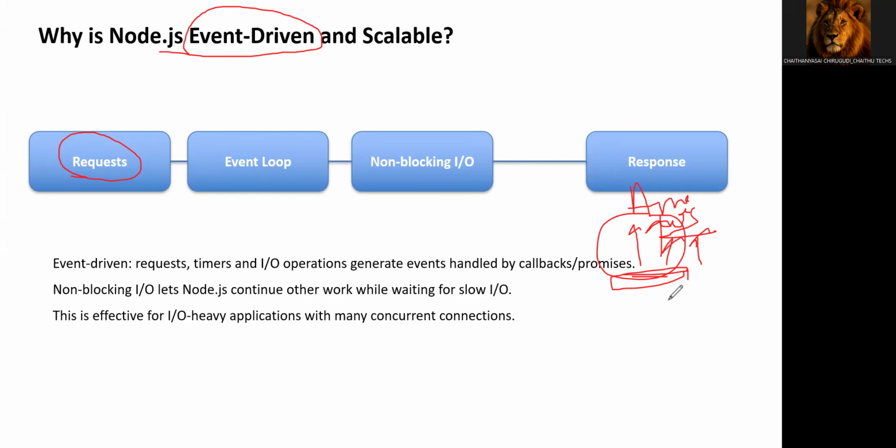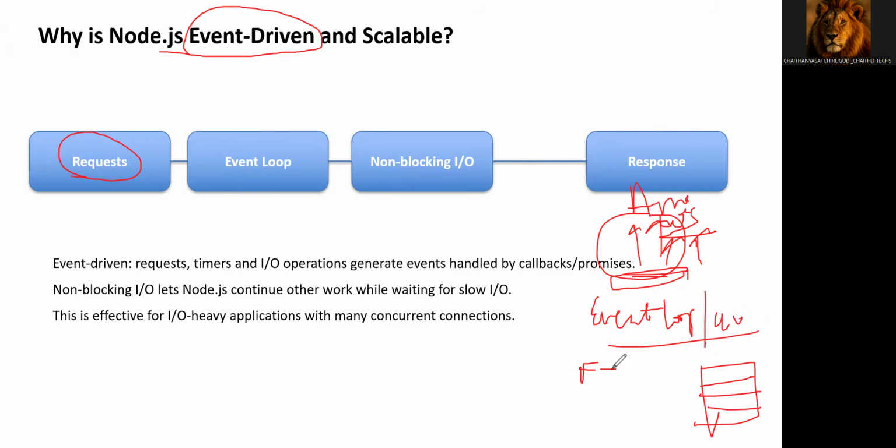To handle multiple requests, it follows an event loop or event queue model. That is a queue, one by one, first in, first out. Whichever comes first is executed first.